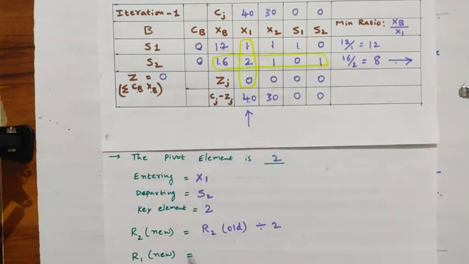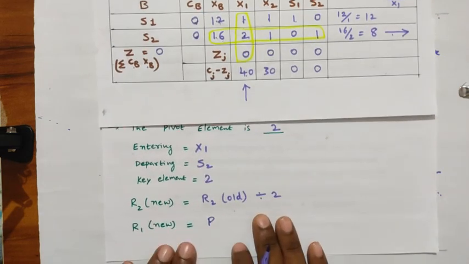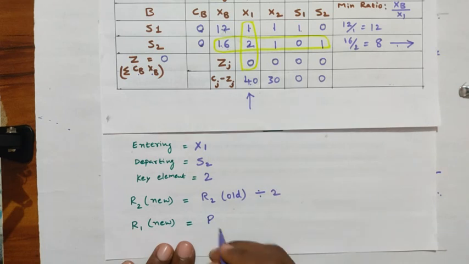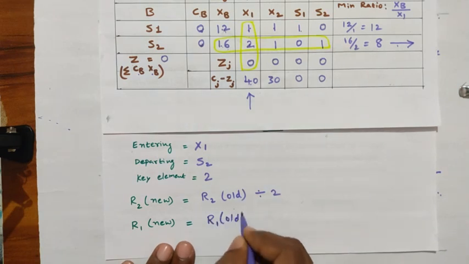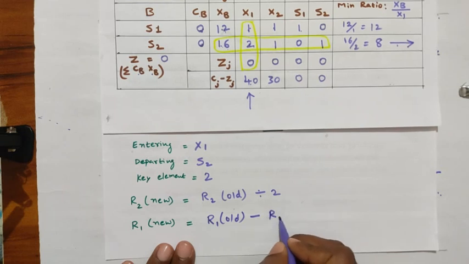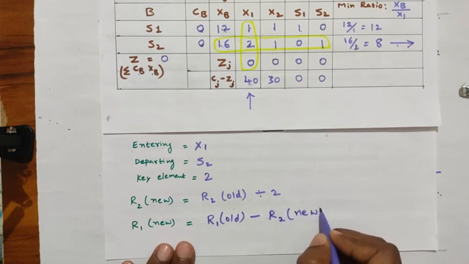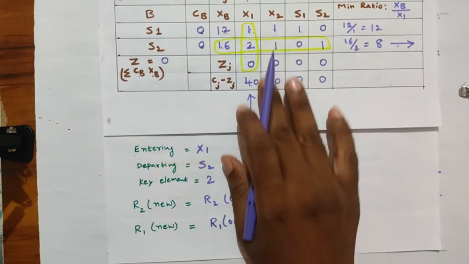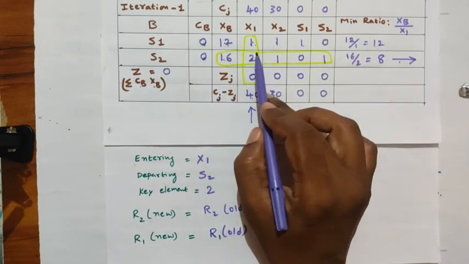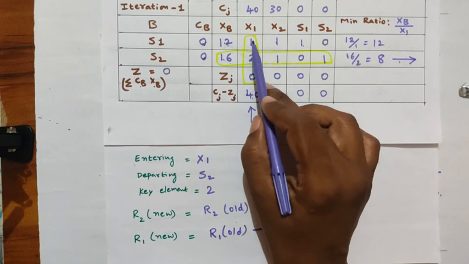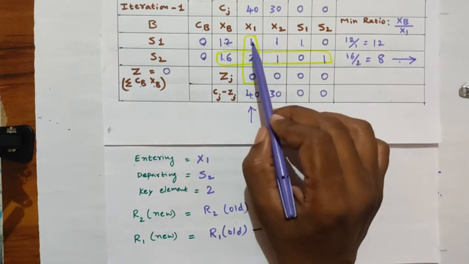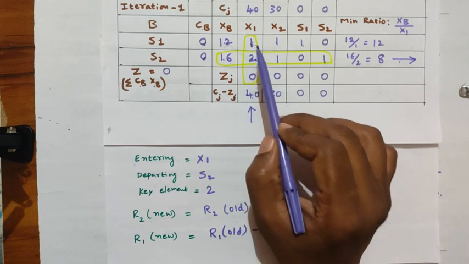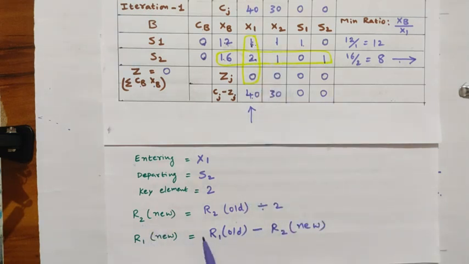For that, R1 new is equal to R1 old minus R2 new. R1 old value is 1, R2 new value is also 1, so 1 minus 1 we will get 0. The element other than the pivot element we need to make 0. That's why we have written these two formulas.